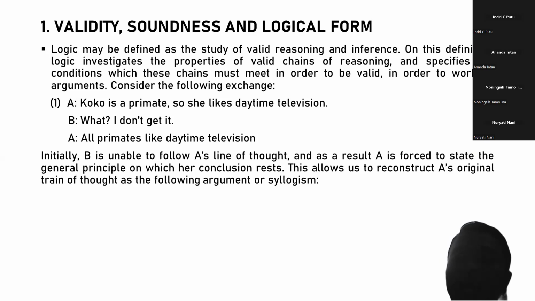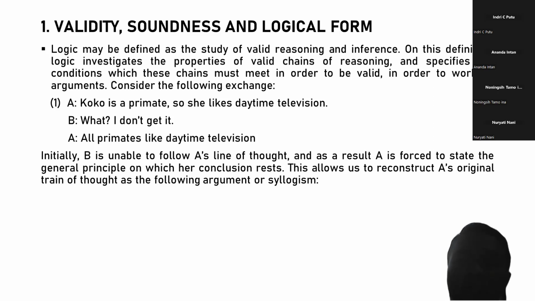To see how this works as an argument, consider the following exchange. A: Coco is a primate, so she likes daytime television. B: What? I don't get it. A: All primates like daytime television.